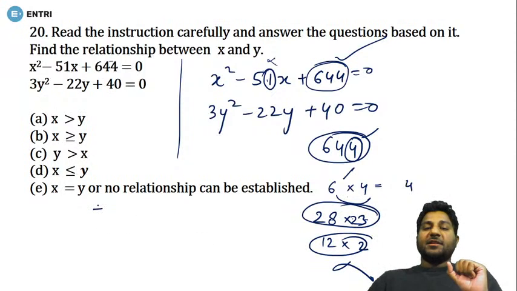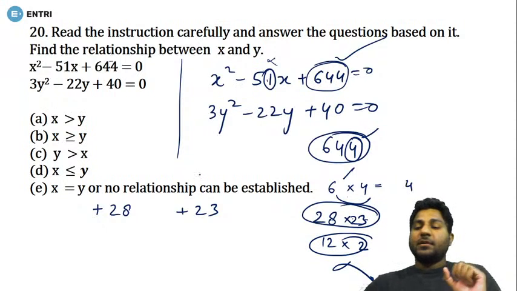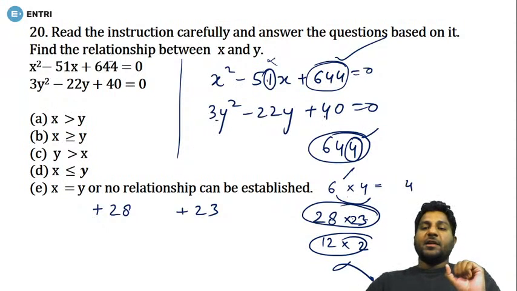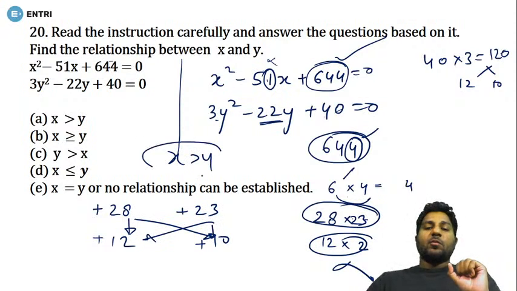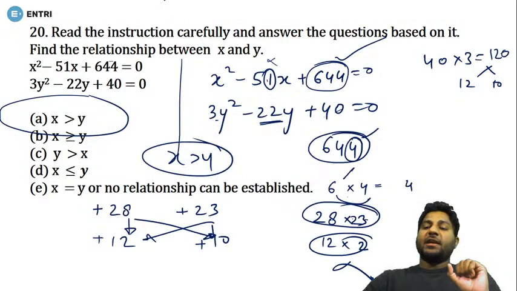That means their factor will come as 28 plus 23, because the sign will be minus and plus. Here 4 threes are 12, and it is a simple one. 12 into 10, that makes 22, both 12 and 10. So x is greater than y. That means your option A will be the correct one.